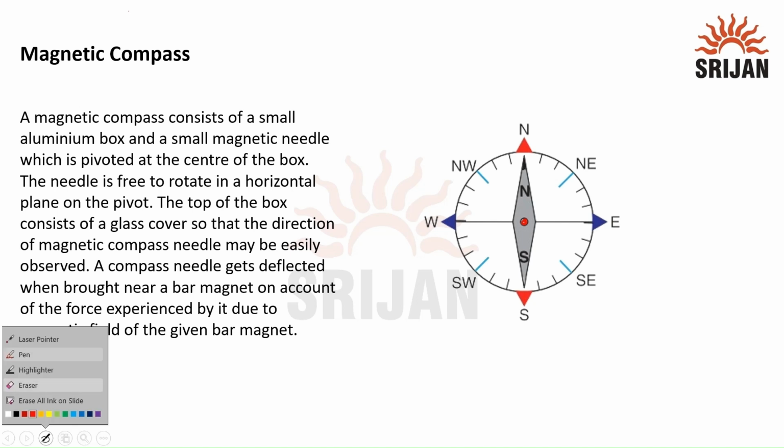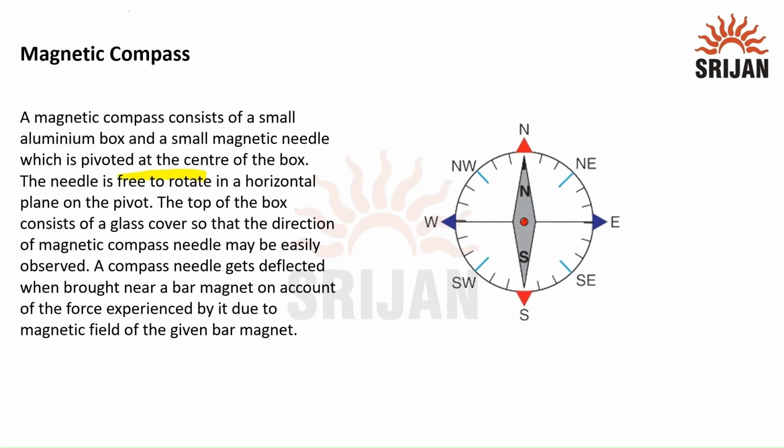This needle is free to rotate in a horizontal plane on the pivot. Top of the box consists of a glass cover so that the direction of the compass needle may be easily observed. The compass needle gets deflected when brought near a bar magnet on account of the force experienced by it due to the magnetic field of the given bar magnet.